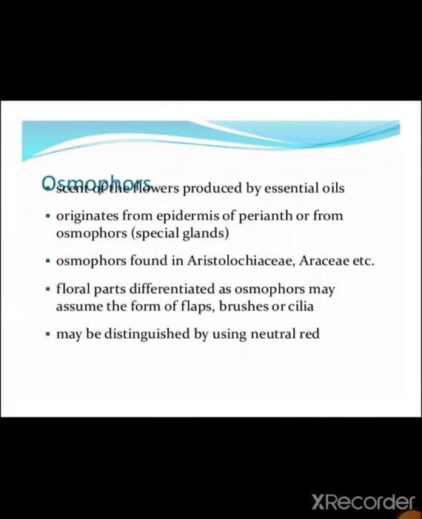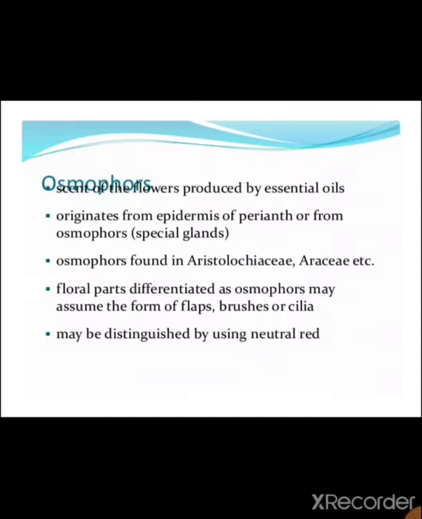Osmophores, the next type of secretory structures. The scent of the flowers is produced by essential oil that originates from the epidermis of the perianth, from osmophores, a special type of glands.